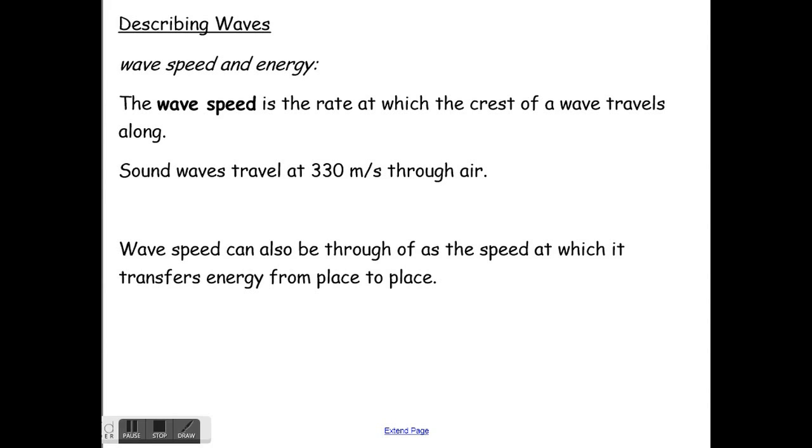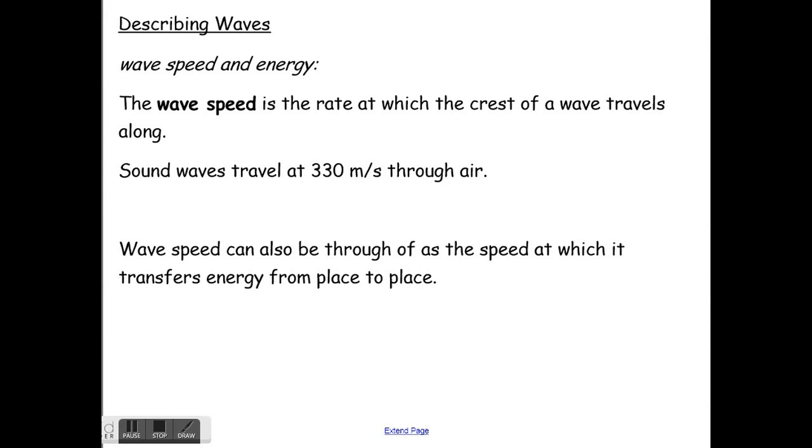So for example, sound waves travel at 330 meters per second through air. Okay? So if me talking right now, if I could pick out one crest of the wave of my voice, right? I could see it traveling at 330 meters per second, just watching that one part move. Okay? That's what wave speed is like.